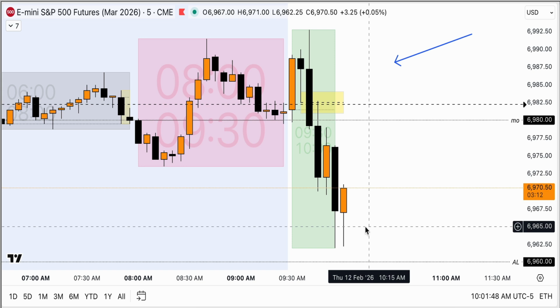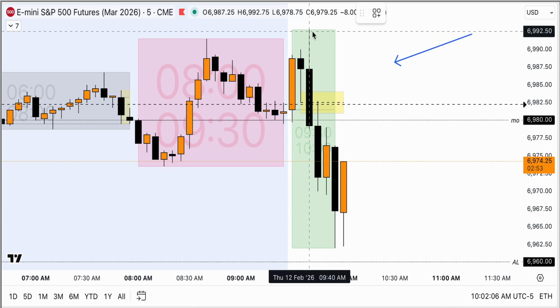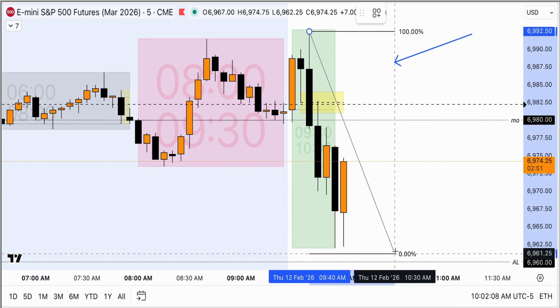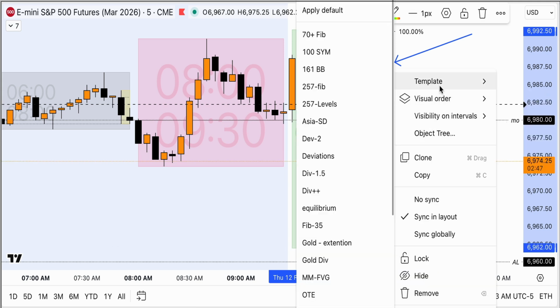We don't have any obvious fair value gap here, so we have a hidden one, which is not so obvious. We will use that as a reference. And step three will just be to align that with a fib. I'll do that now, and then I'll adjust it as time goes by. That may not be the low, but I'm just going to use it for now.